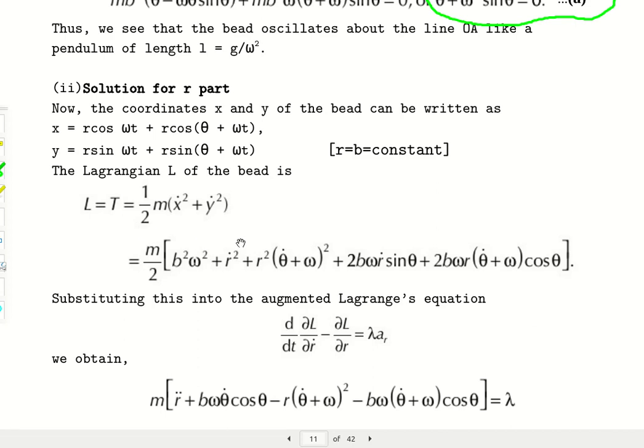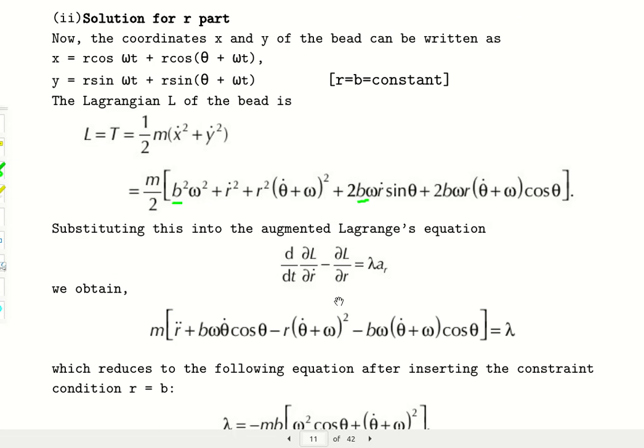So again, writing the Lagrangian in terms of R, we can write R in place of this B. There is no harm. So substituting this equation in the Lagrange's equation of motion, you can derive the reason behind why we are writing R, because we want to solve this.